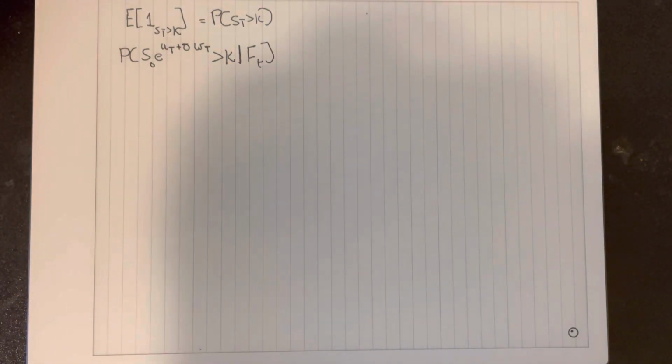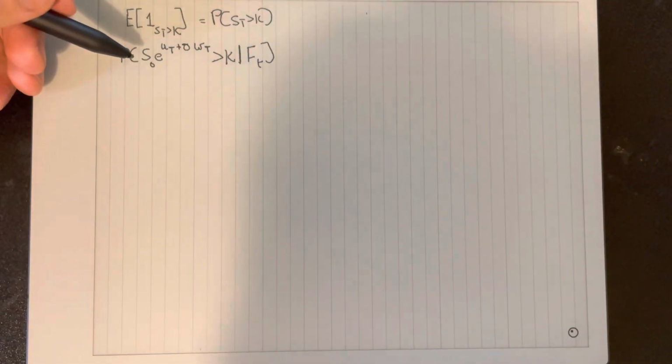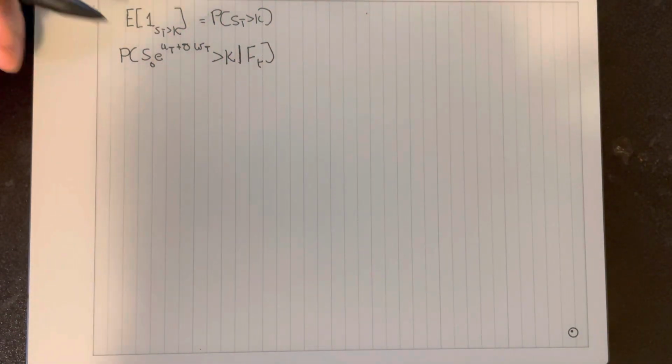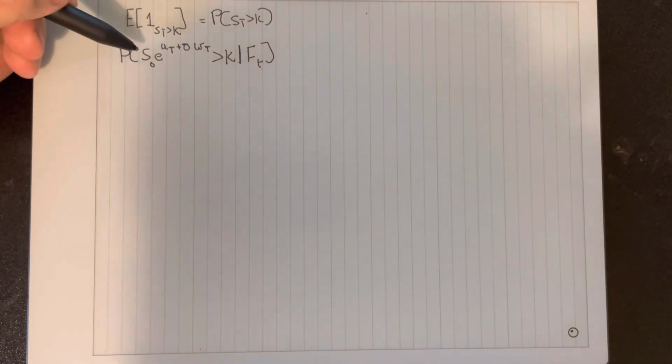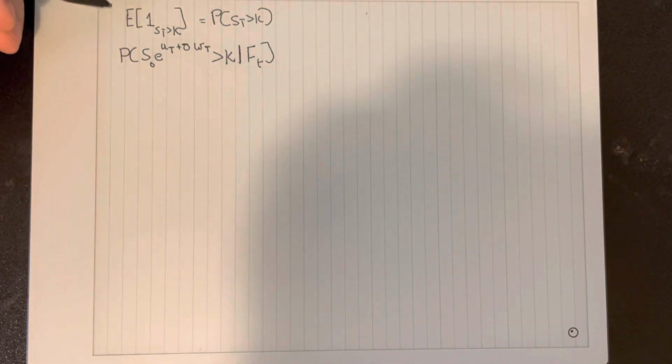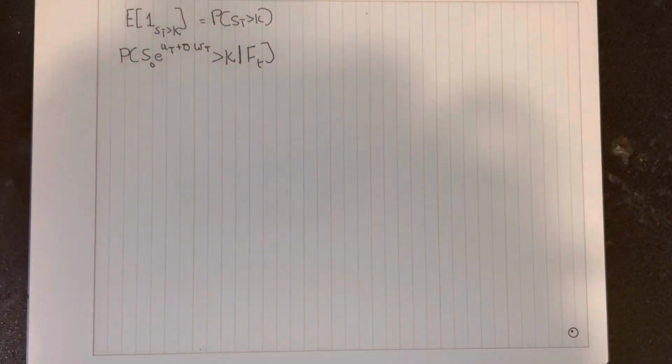So in essence, we already know what's happened up to time little t. So it wouldn't be right to say what's the probability of S_T being greater than k without accounting for the fact that we already know where S is at little t.